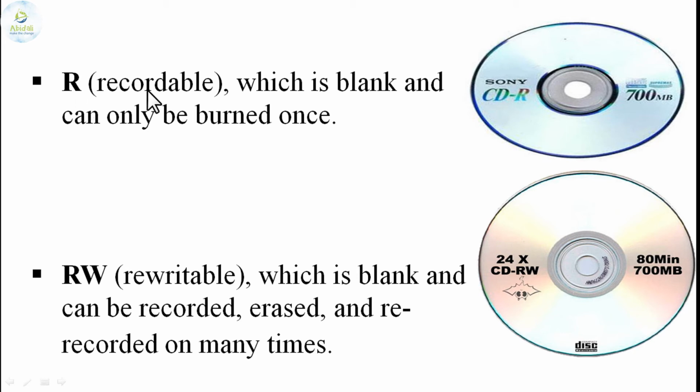R stands for recordable or writable, which means a blank CD can be burnt only once. So when you see R on the CDs, it can be burnt only once. When you see RW on the CDs or DVDs, it is rewritable or re-recordable, which means a blank CD can be recorded, erased and re-recorded many times, depending upon how long it can take the information.